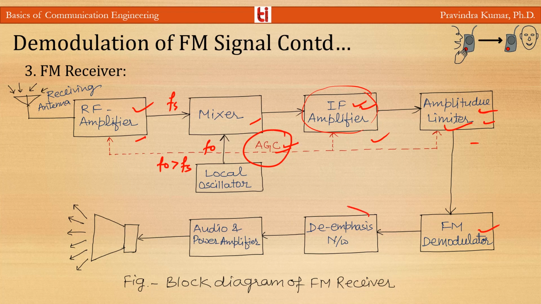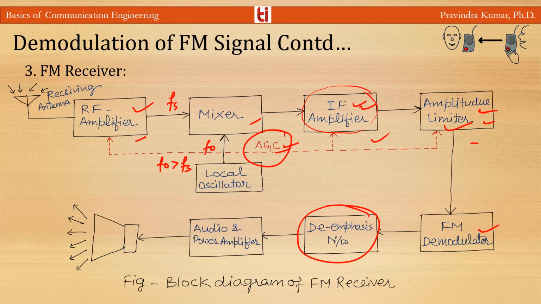Now de-emphasis. At the FM transmitter side, we have used pre-emphasis that boosts the amplitude of the higher frequency modulating signal artificially, to improve the noise immunity at higher modulating frequencies.